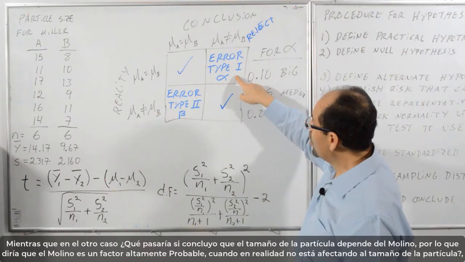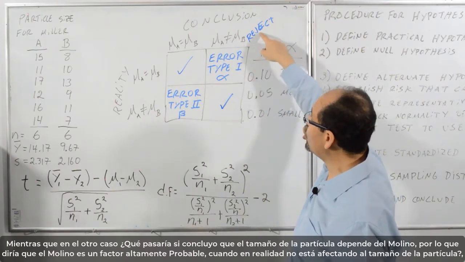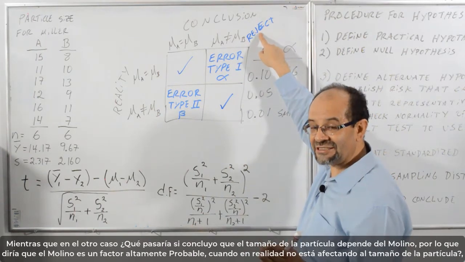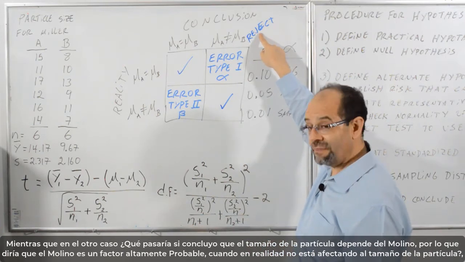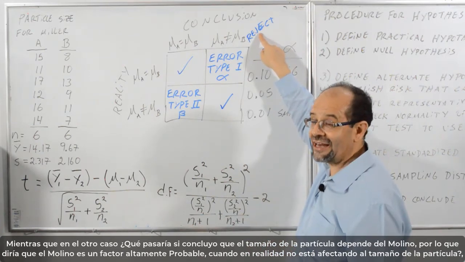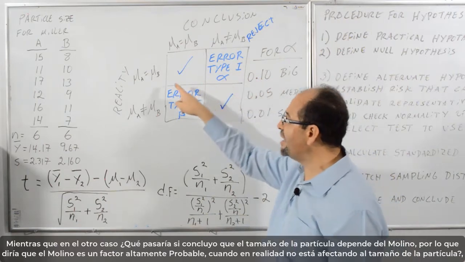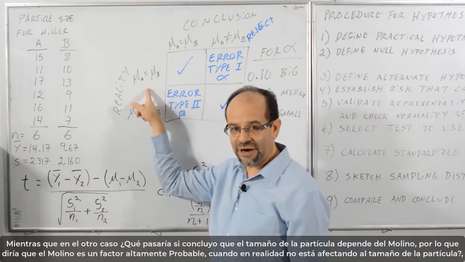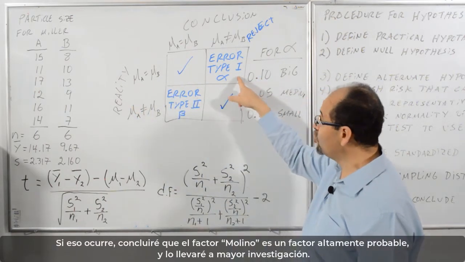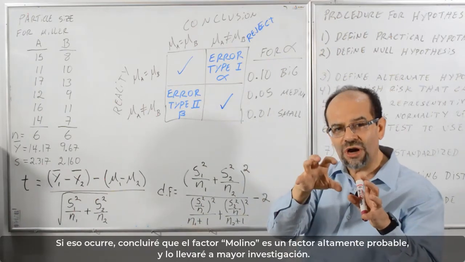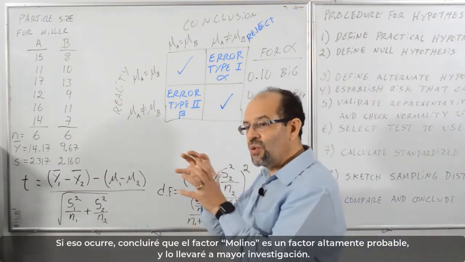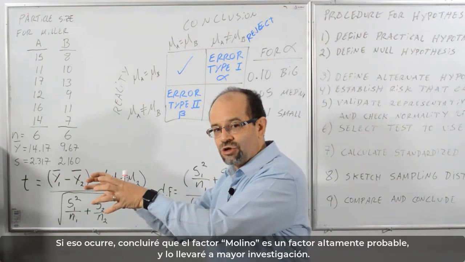But what will happen if I conclude that particle size depends on the Miller, so Miller is a highly likely factor, when in reality, Miller is not affecting particle size? Well, I will take that factor as a highly likely factor, and I will take it to further investigation.